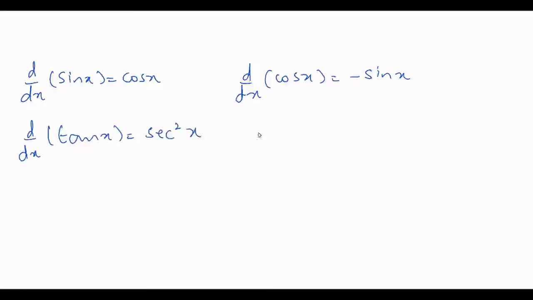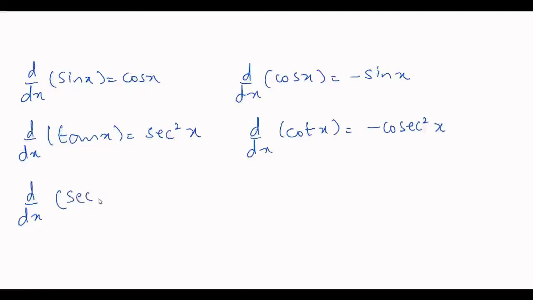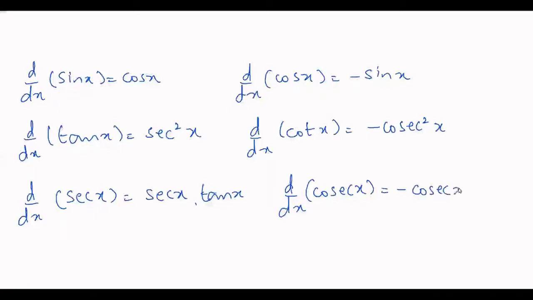Differential of cot x is equal to minus cosecant squared x. d/dx of secant x is equal to secant x tan x. Differential of cosecant x is equal to minus cosecant x into cot x.